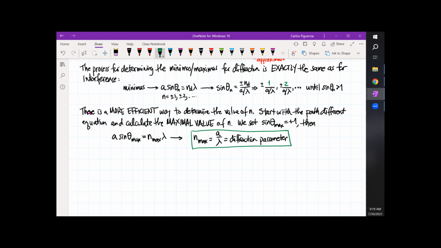Now we've got to be careful here. The reason is that this is not n d or n c. That's something that still has to be figured out.